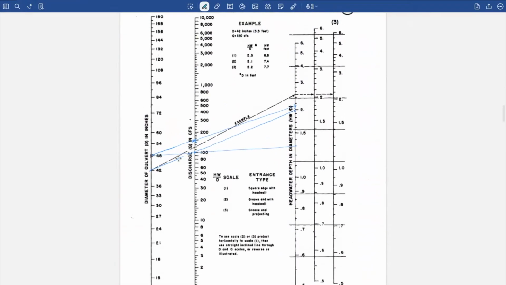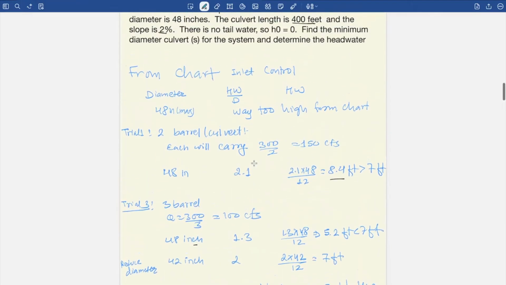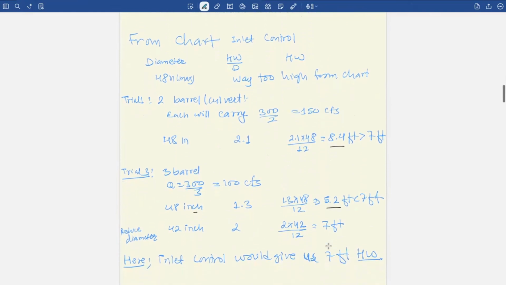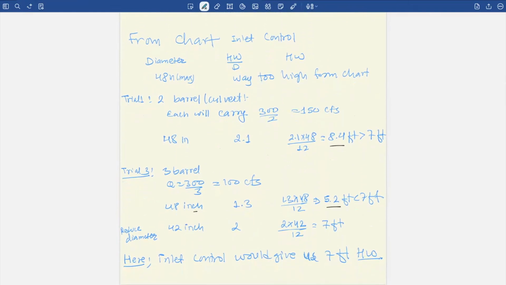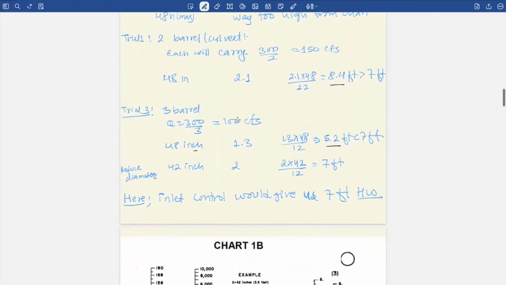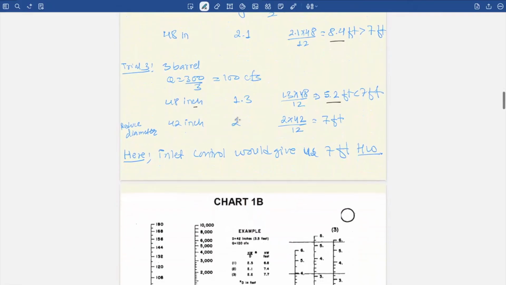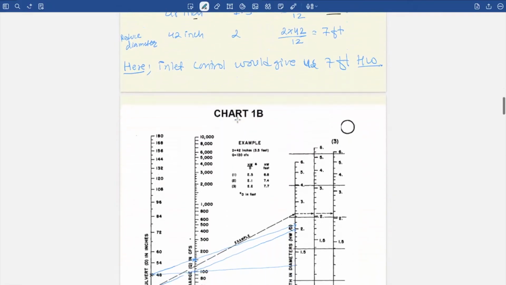And so let us use 3 barrels, that is Q divided by 3, which gives us 100. So with the 48 diameter, when we draw a line through 48 and 100, it will give us around 1.3. So that gives us 5.2 feet, which is less than 7 feet. Now let us decrease the diameter and try 42 inches.